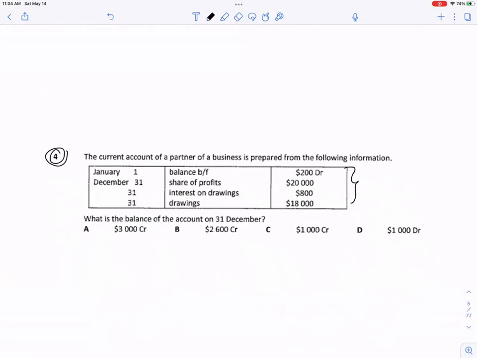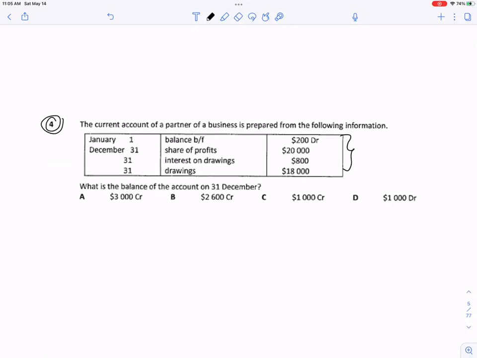Jonathan, this is the details of which account? This is the format of which account? Just read the contents of it and tell me in which account will all this information go.